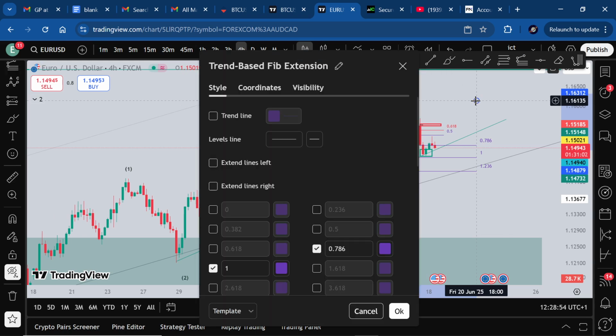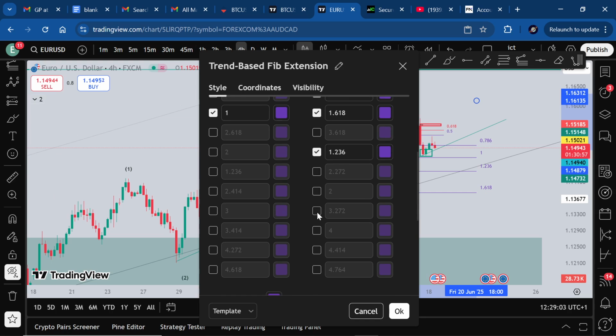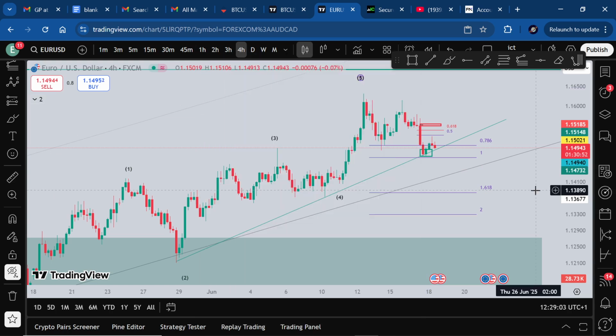So I will be looking for the 1.618 to the 2 region, to take out the 1, 2, 3, 6. So I'll be looking for this area to be reached.